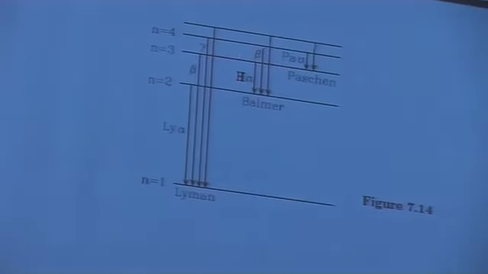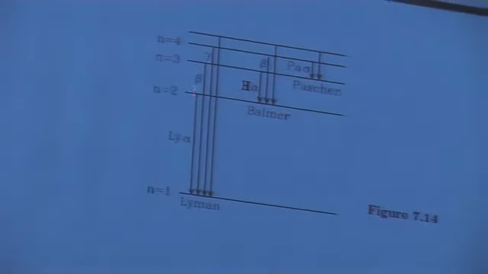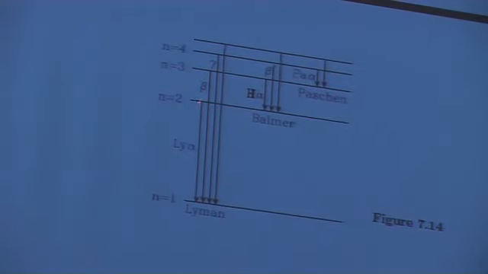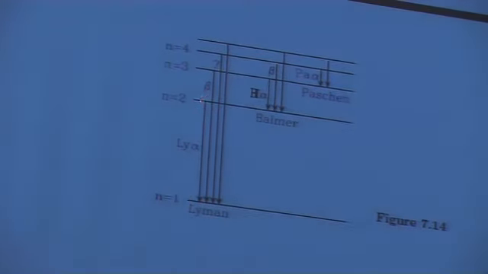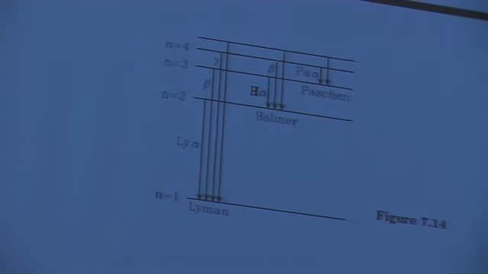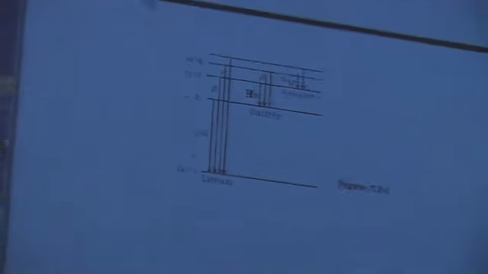Here is the energy of n equals 1, here's n equals 2, here's n equals 3, and Lyman alpha is the name used for the spectral line associated with an electron tumbling from n equals 2 down to n equals 1, and Lyman beta is associated with from n equals 3 down to n equals 1, which is further to fall, so it emits more energy, so the line appears at higher frequency, shorter wavelength.